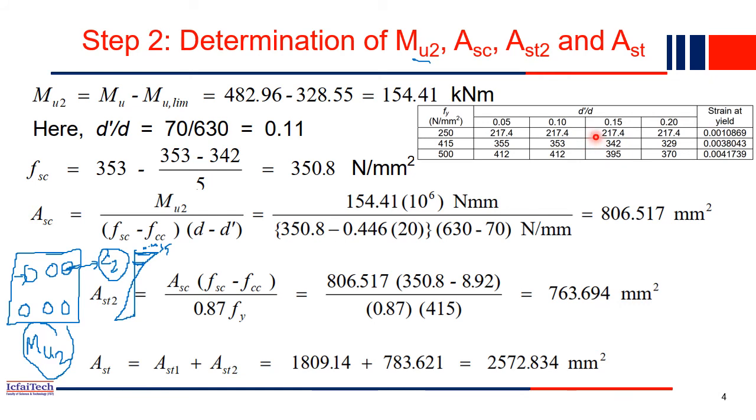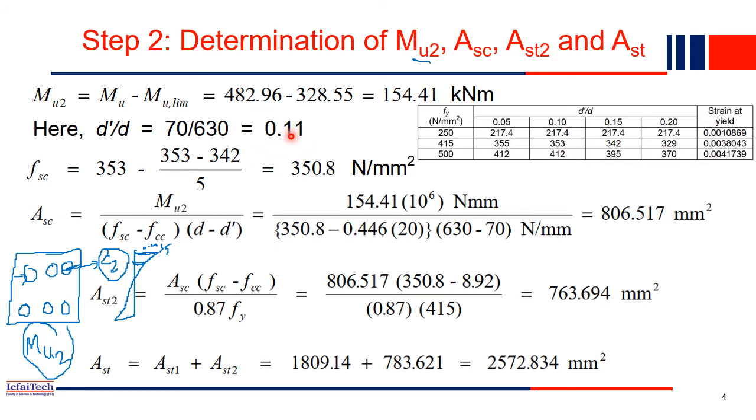That gives the net stress acting on the compression steel, which is about 350.8 Newton per mm square. From this table we got it. While solving the problem, you can keep this table with you and easily interpolate the data. This is for 0.1, the value is 353, but in our problem how much is it?